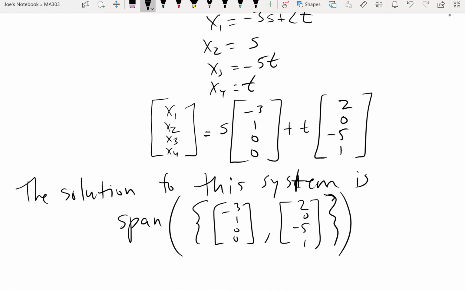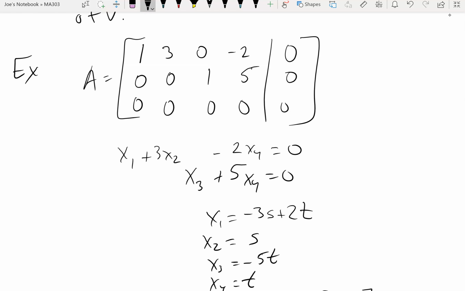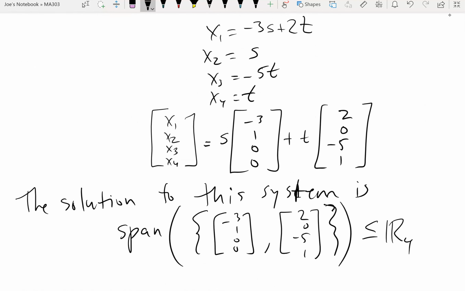All the components of the vectors are real. So this would be a subspace of R4. Notice also that was how many variables we started with, which corresponds to the number of columns we have. These are things we're going to talk about later. That's why I'm pointing them out. So this is a subspace of R4, and again, that corresponded to how many columns we had in our matrix.